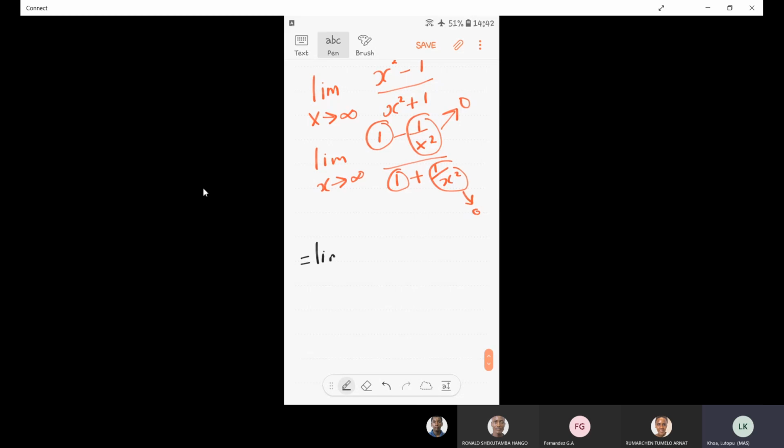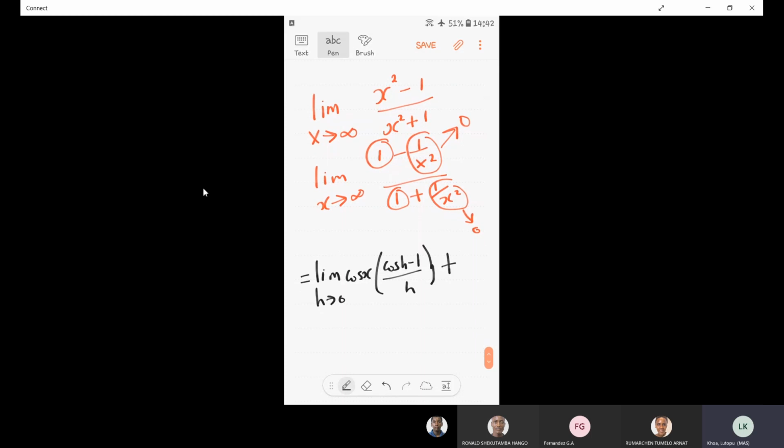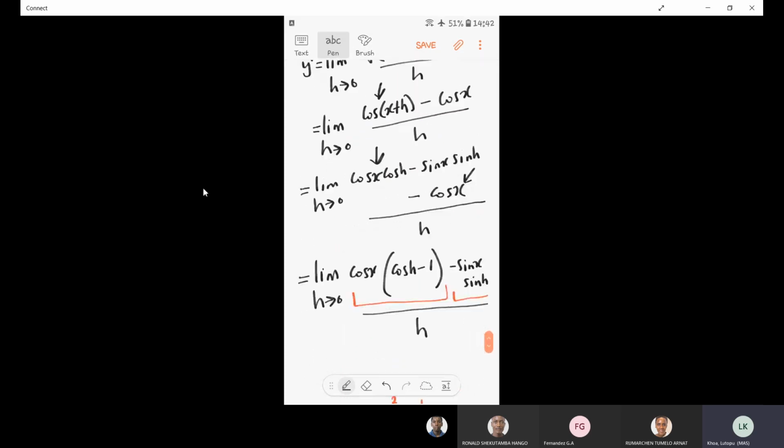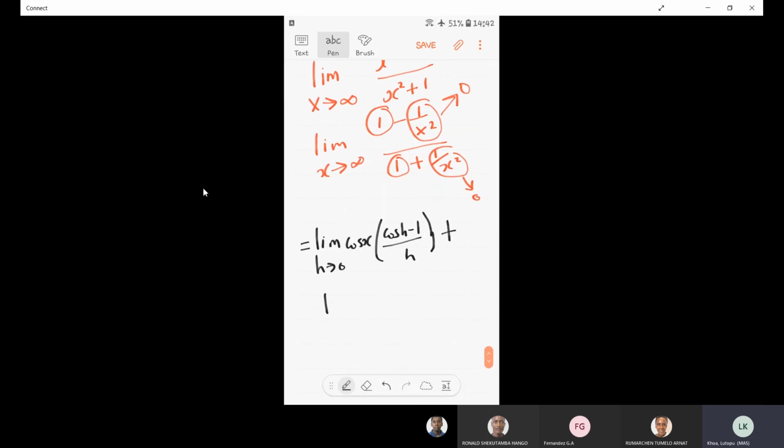So this is equal to the limit as h goes to 0. Now the first one was cos x, so I have cos x. Then I have cos h minus 1 over h. And then the second one, I have plus the limit as h goes to 0 of minus sine x sine h.